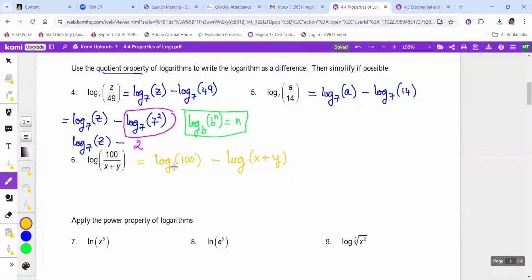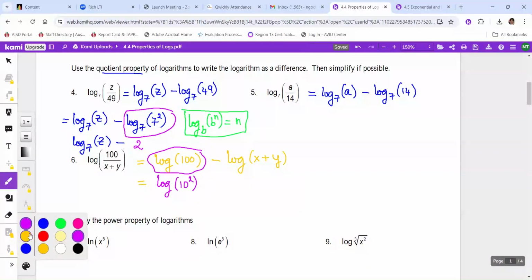But again, this is the common log. We don't see the base, so the base is 10. So this is the same thing as log base 10 of 10 to the power 2. Now again, the base 10 we don't have to write, and then copy minus log of x plus y.